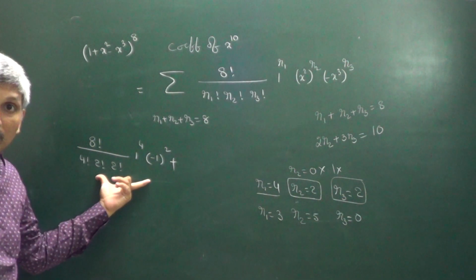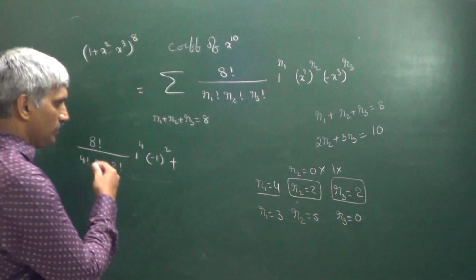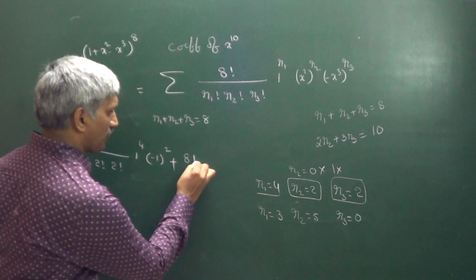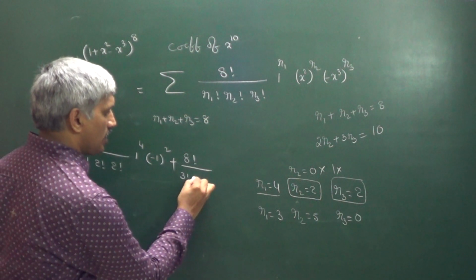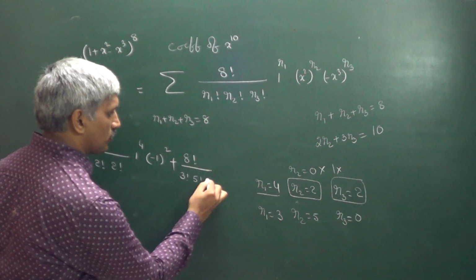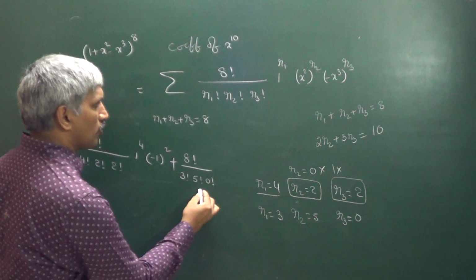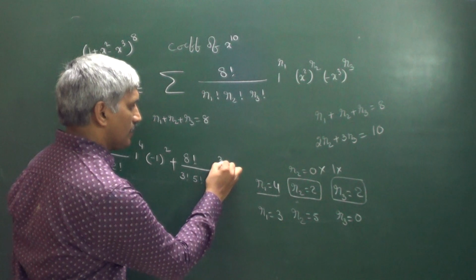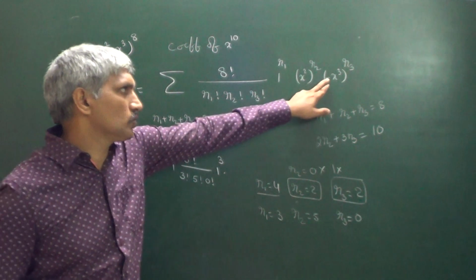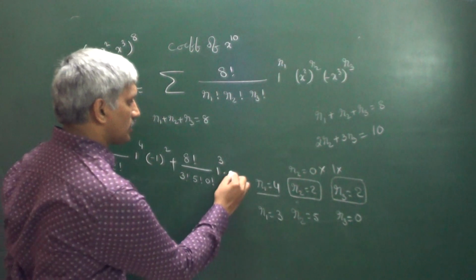Next, 8 factorial divided by r1 equal to 3 factorial, r2 equal to 5 factorial, r3 equal to 0 factorial into 1 power 3 into minus 1 whole to the power of r3.